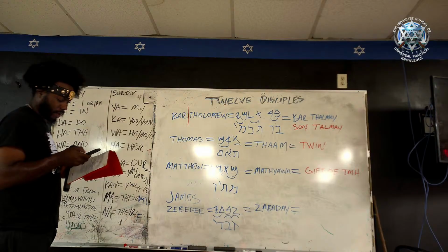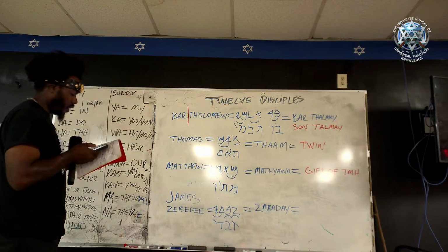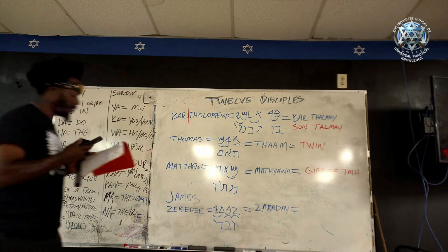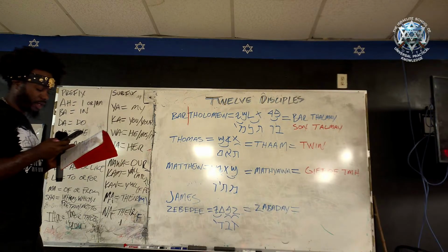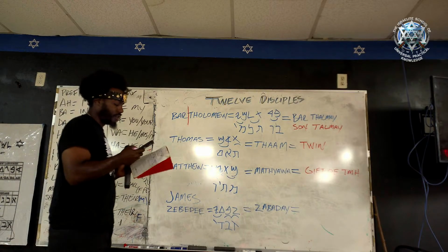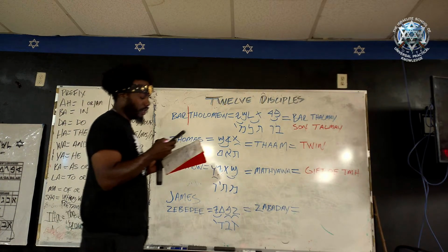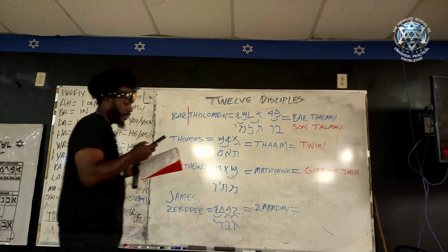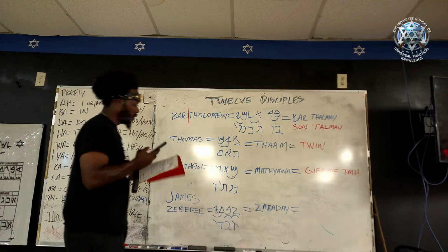right? And this gives you what tribe that James is from. James was a Benjamite because Zabadai was a Benjamite, son of Shemaiah, in the Old Testament, right?